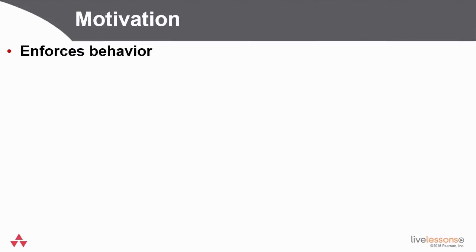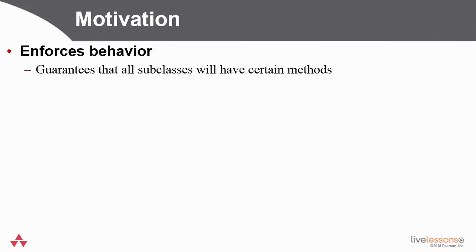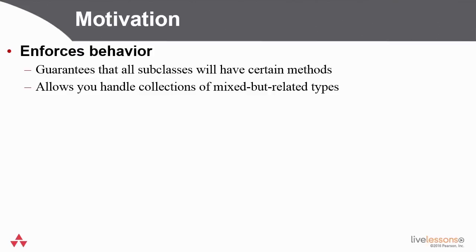Okay, why is this idea useful? Well, the general idea is that it enforces behavior. In particular, unlike our previous example, using an abstract class guarantees that all classes will have certain methods. In fact, it guarantees that they implement certain methods, they don't just inherit them. It allows you to handle collections of mixed but related types, but in a neater way than in our previous example where the parent class was a normal class.